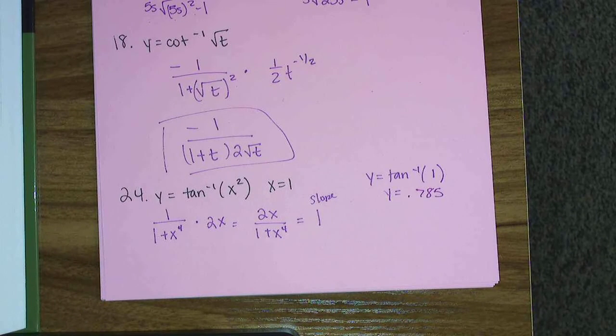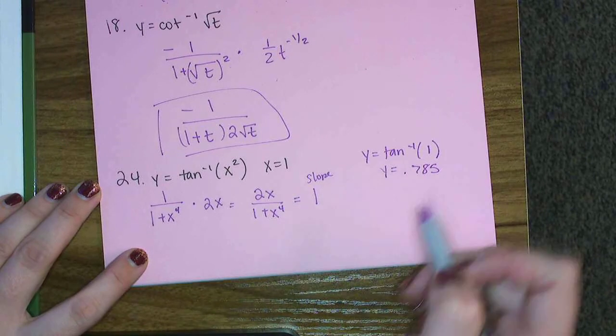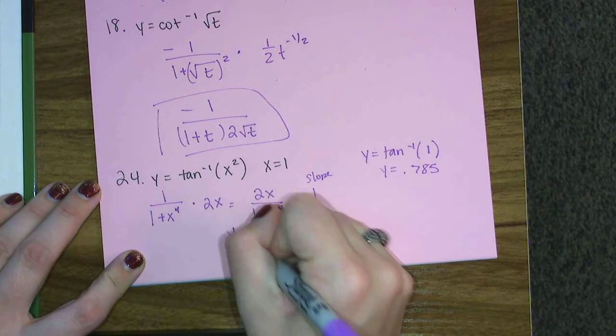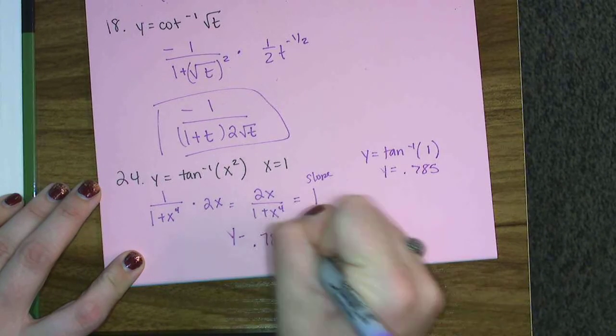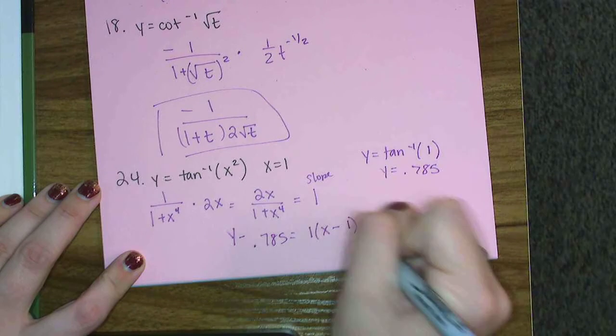Okay, so yeah, you will need your calculator for these ones. So when you go to do it, you would do y minus that value is equal to your slope times x minus 1.